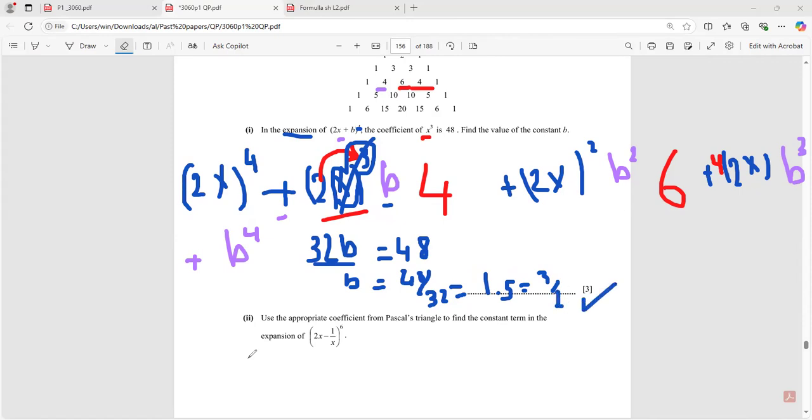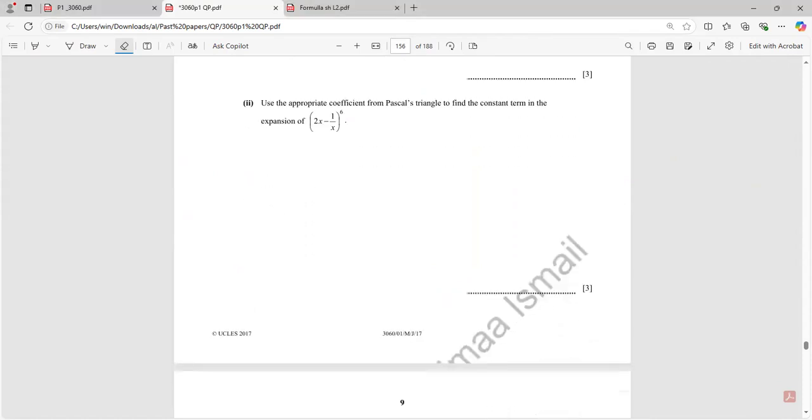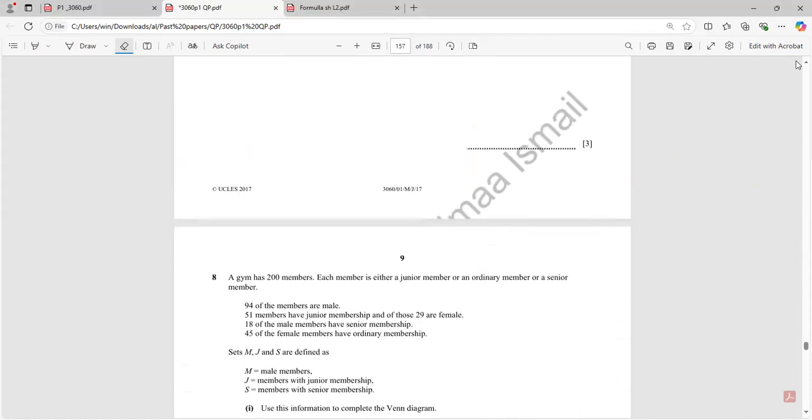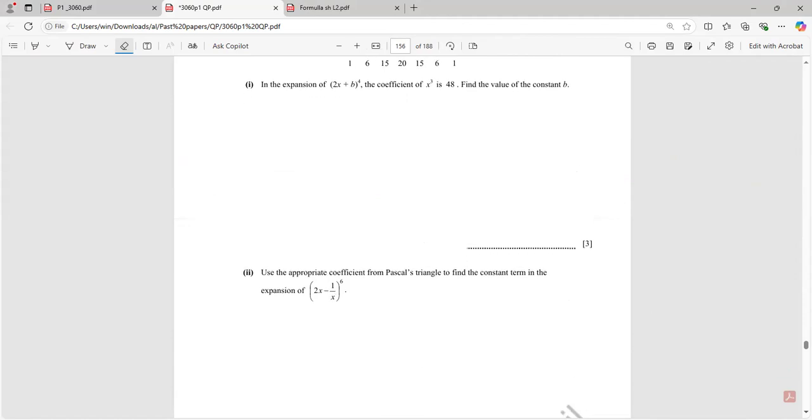Let's see the next. Okay, in this question he asked you to use the appropriate coefficient from Pascal's triangle to find the constant term. Okay, let's find the constant term in the expansion of 2x.